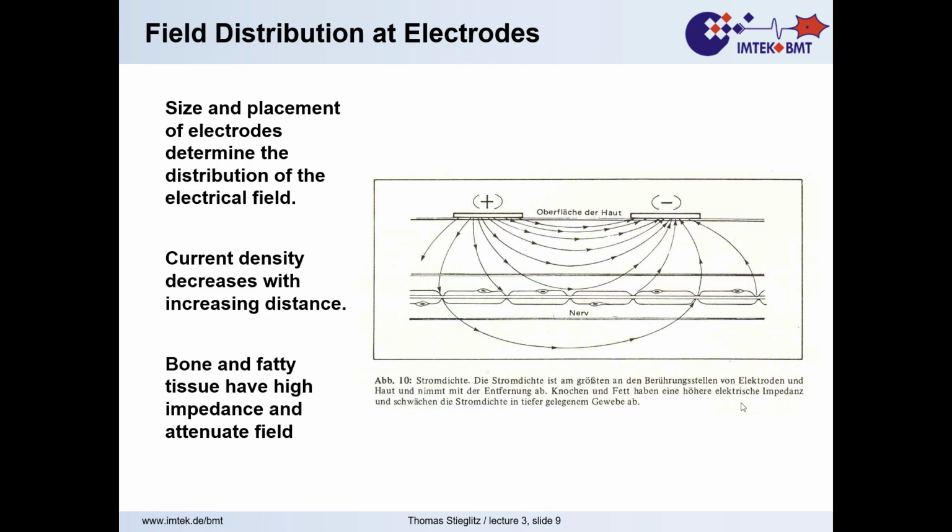That's probably what you can take from this. Bone and fatty tissue are of high impedance, of high electrical resistivity, and they attenuate the electrical field. The same is true for scarring tissue. Whenever we have scars around an electrode, that increases the resistance, like an insulator.